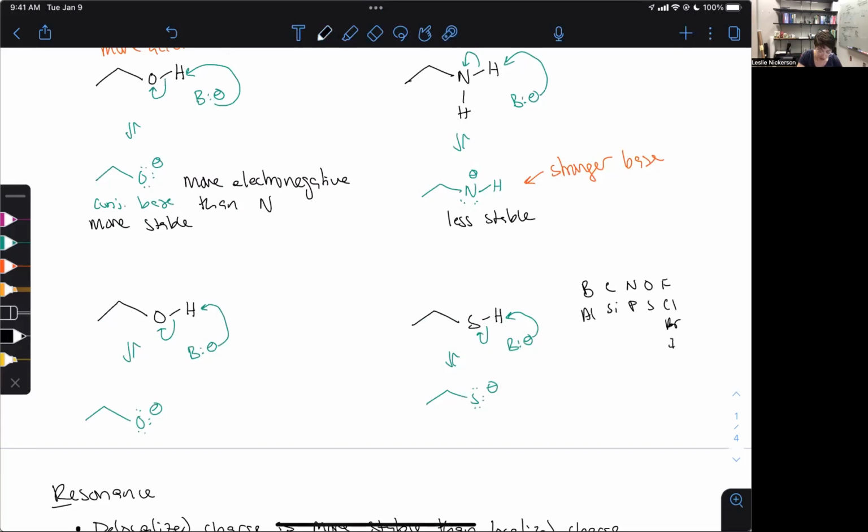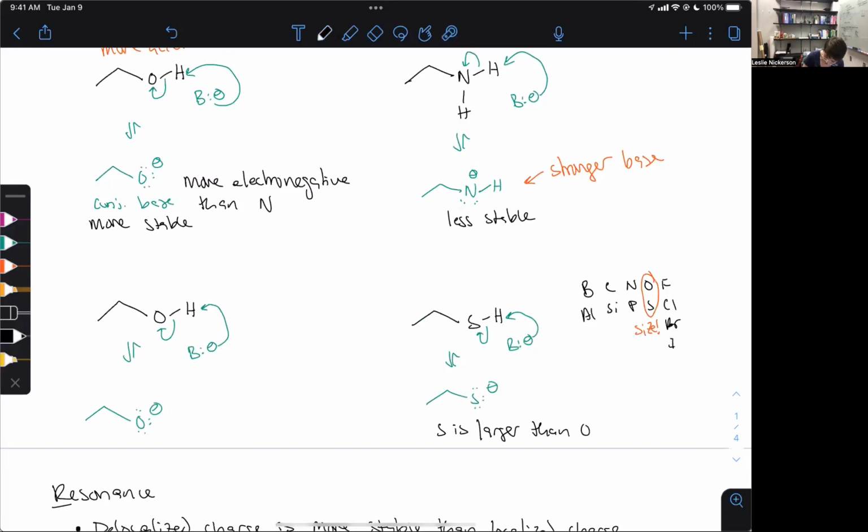So what we're looking at here is up at the top where we had oxygen versus nitrogen, we had electronegativity going to the right. So when they're in the same row, we want to focus on electronegativity. In the same column, we want to focus on size. Sulfur is much larger than oxygen because now we have another shell of electron density around it.